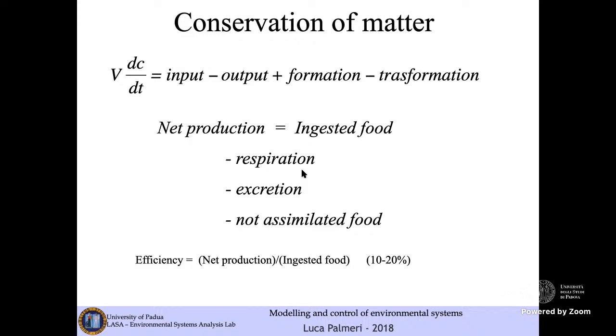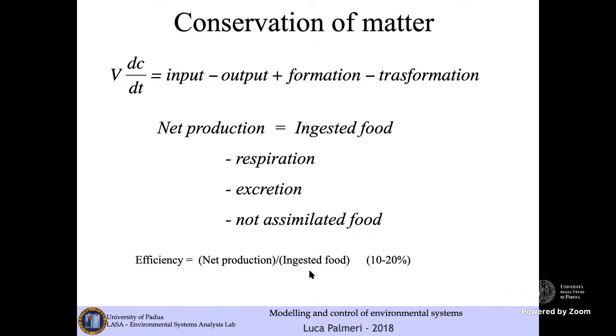In particular, we may subdivide this negative contribution as respiration or excretion or food that is lost during the process of assimilation, so not assimilated food. For example, we have talked about efficiencies in energy transformation, and we may write as a definition that the efficiency in energy transformation may be made explicit by the ratio between the net production that I have just defined divided by the ingested food.